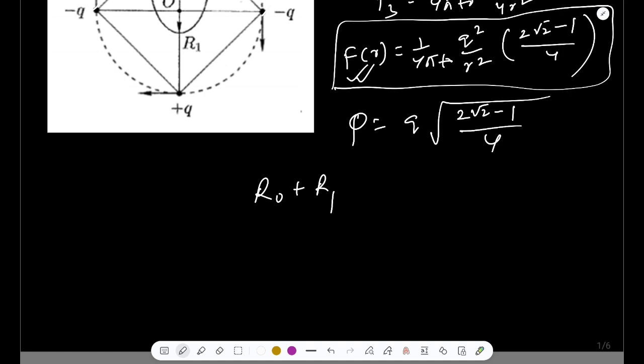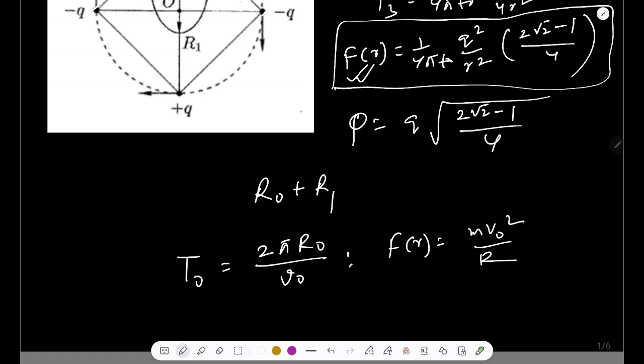And let us find the time period T naught of a point mass m moving under the force Fr along a circular orbit of radius r naught. So this time period can be written as T naught equals 2 pi r naught by v naught, v naught being its speed, and you can write another equation from Newton's laws of motion, that is Fr equals m v naught square by r.